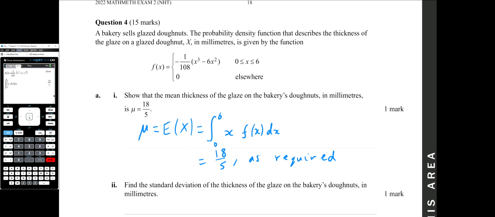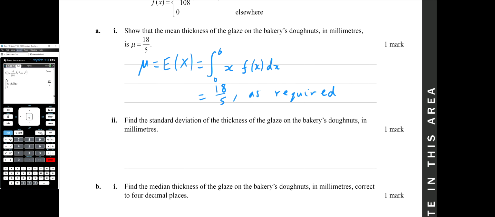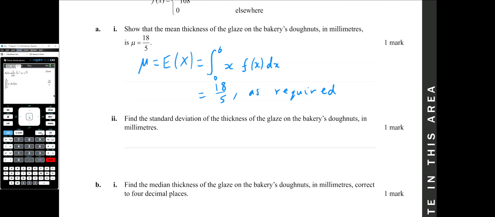Okay, so that's the mean done. Find the standard deviation of the thickness of the glaze in millimeters. Okay, so the standard deviation is the square root of the variance, which is equal to the square root of the expected value of x squared minus the mean squared.